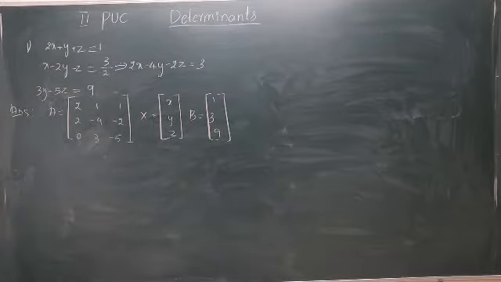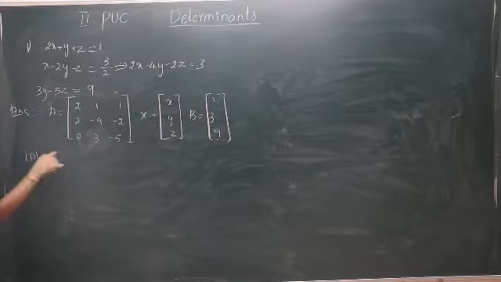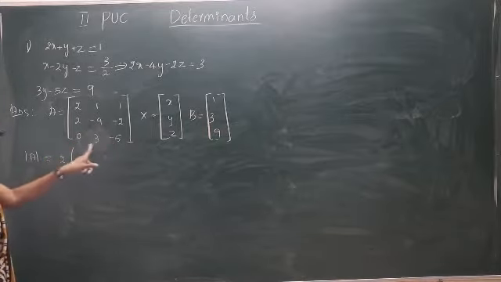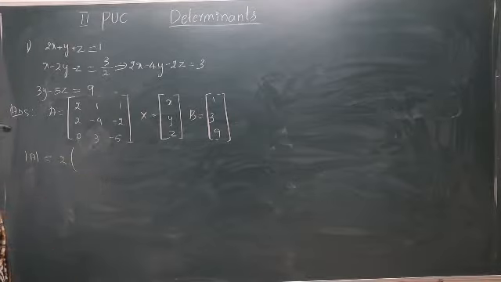Then we have to find the determinant of A. So determinant of A is equal to, I'll expand along C1. So 2 into minus 4 into minus 5 is 20, 3 into minus 2 is minus 6, so 20 plus 6.